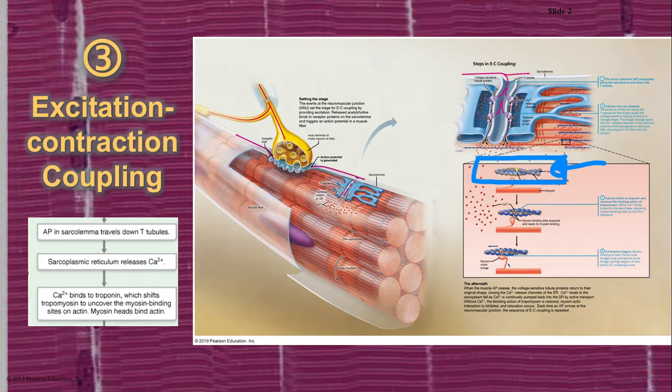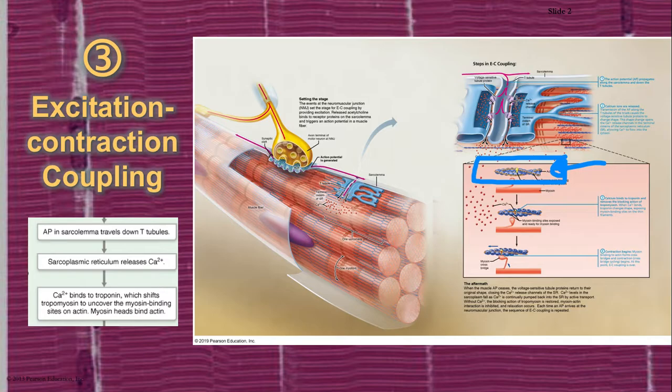That then causes voltage-gated sodium channels to open on the sarcolemma, which allows sodium to come into the cell. That sodium depolarizes it, makes it positive inside, negative outside, and now we have an action potential on the muscle fiber itself.